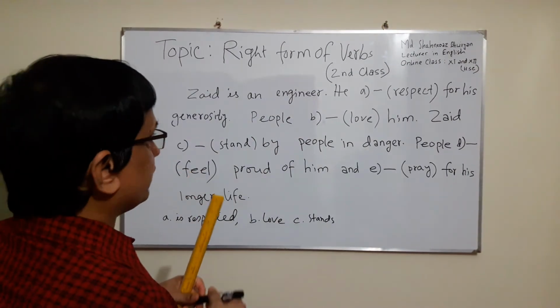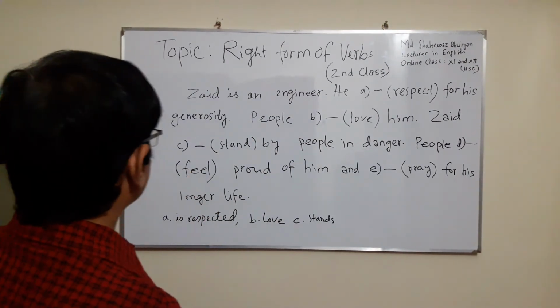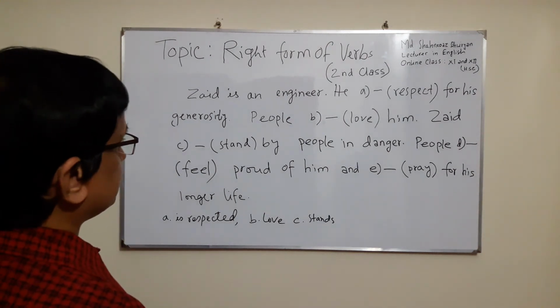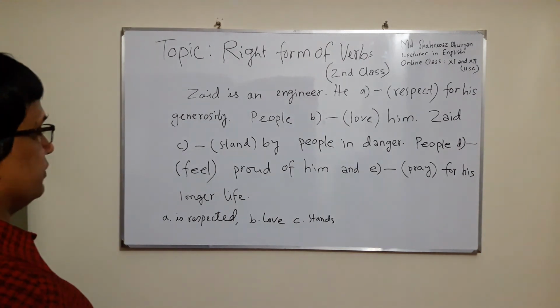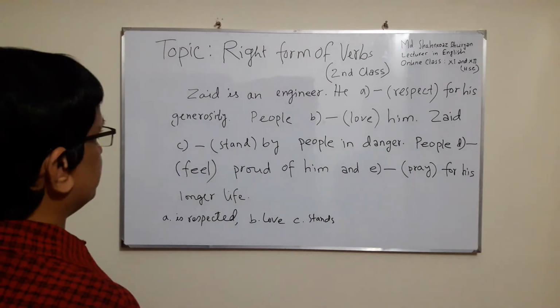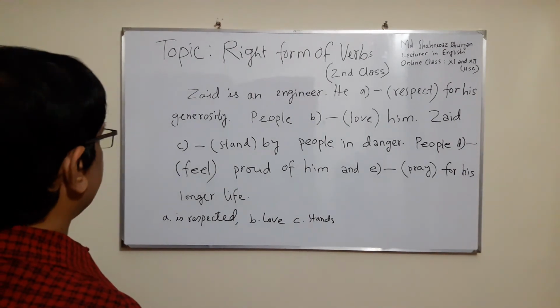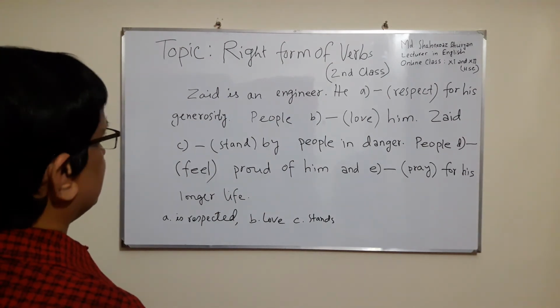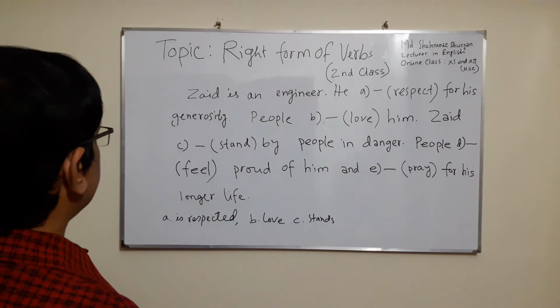Now I move on to verb D. Here we see that feel is a verb enclosed by brackets and we have to use its proper form. Depending on the situation of the sentence, we can feel that the sentence in which feel is given is in the present indefinite active.